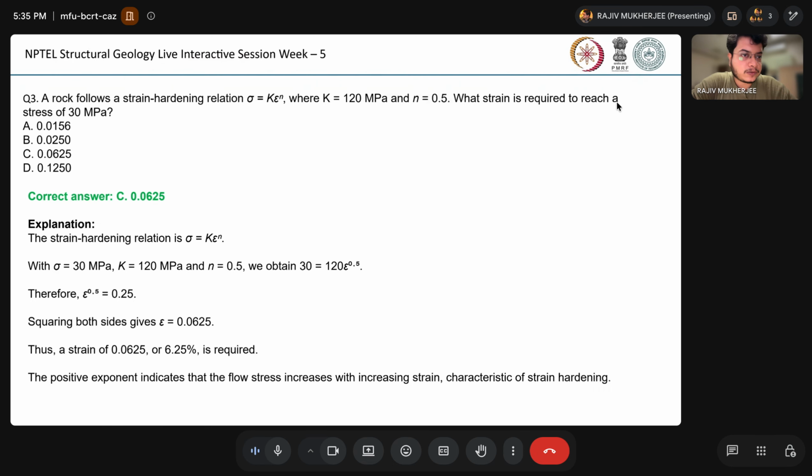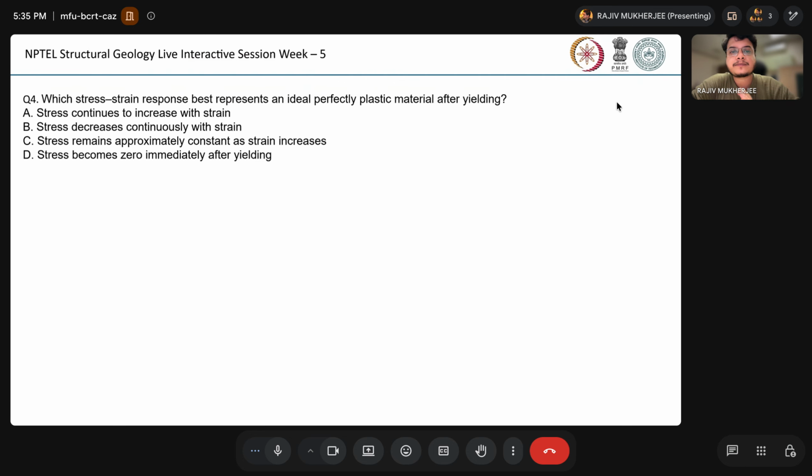So now let us move on to the next question, which is question number 4. Which stress strain response best represents an ideal perfectly plastic material after yielding? Option A, stress continues to increase with strain; stress decreases continuously with strain; stress remains approximately constant as strain increases; and stress becomes zero immediately after yielding.